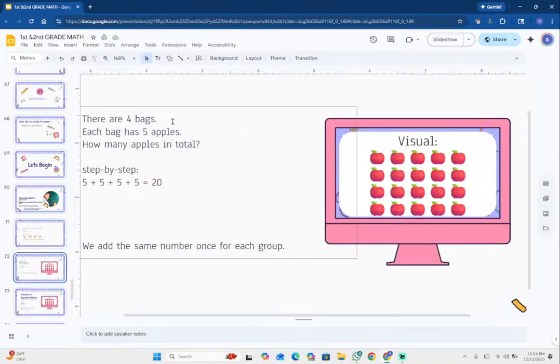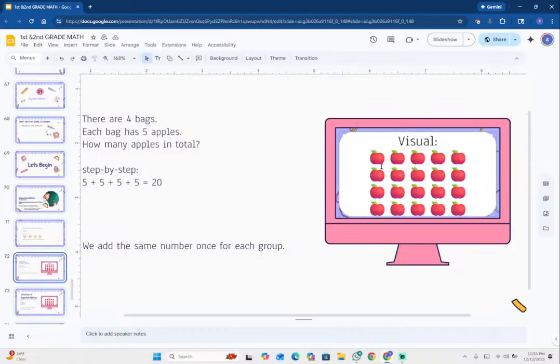There are 4 bags. Each bag has 5 apples. How many apples in total? So there's 4 bags. Each row is the bags and each column is the number of apples.